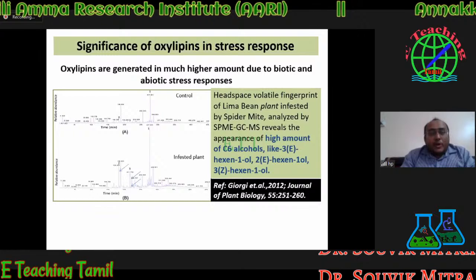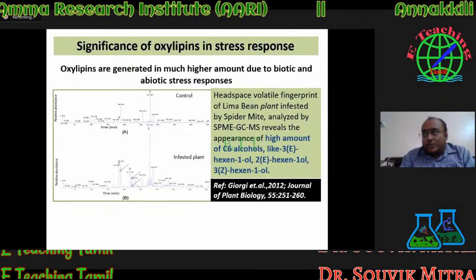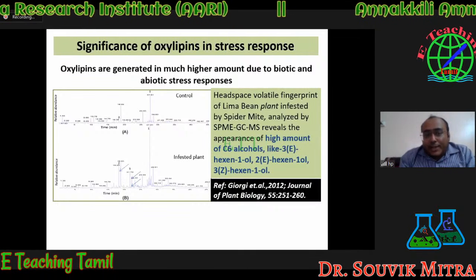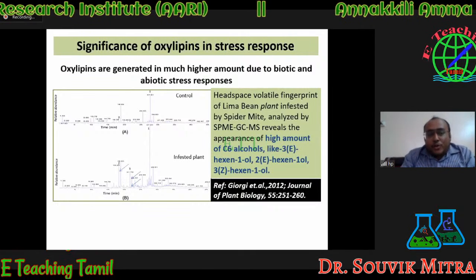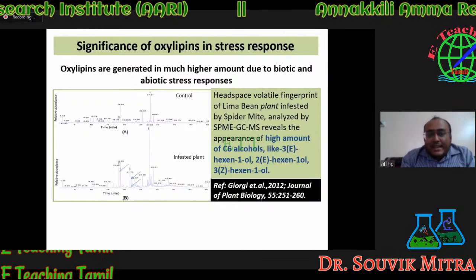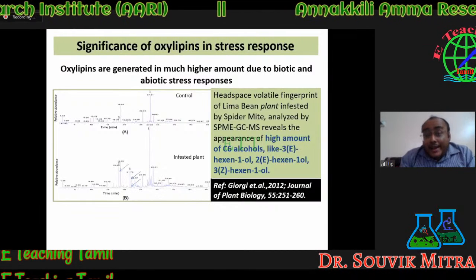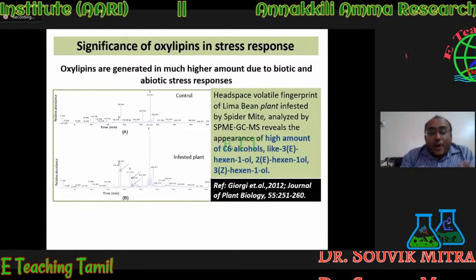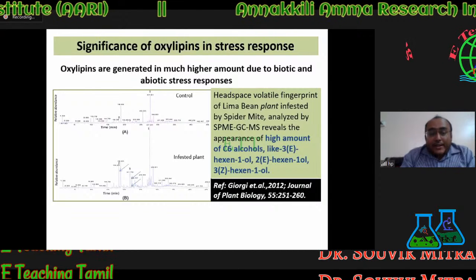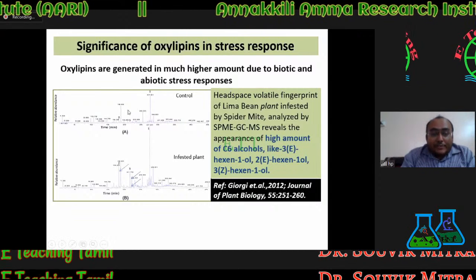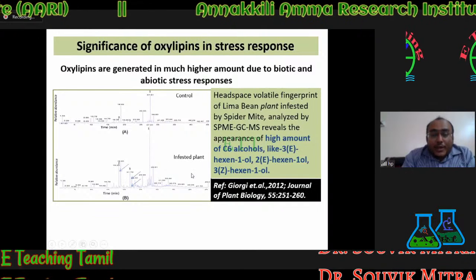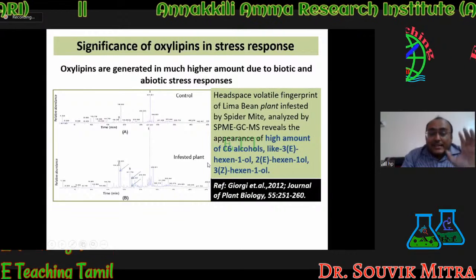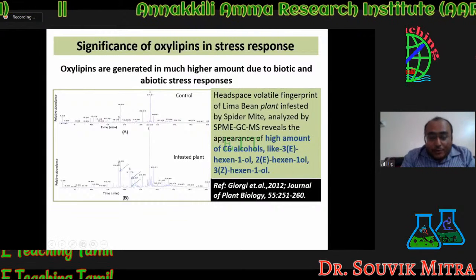If we talk about the significance of these compounds, I have already told about the structural details. Now, coming to the significance part. I have already told that these oxylipins are mainly generated in higher amounts due to biotic and abiotic stress responses. One example I have given, where two volatile chromatograms are shown here. One is the control, and the other is the same plant infested by a herbivore.